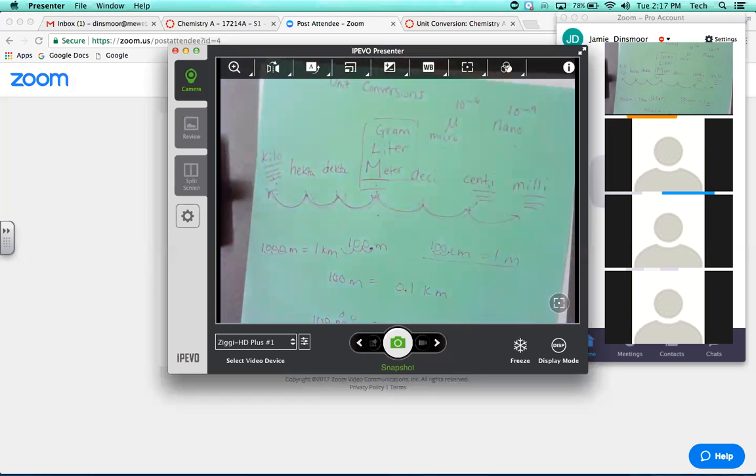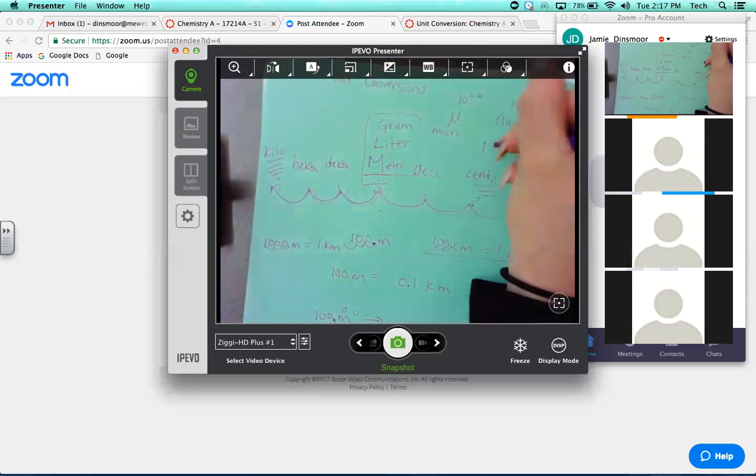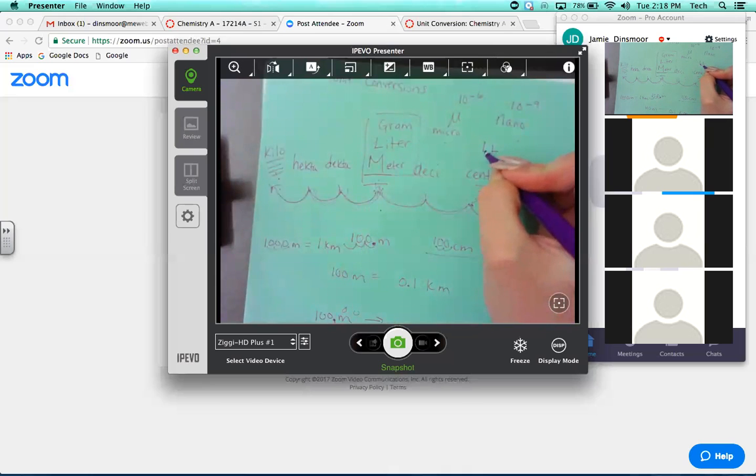So if I have 1 liter and I want to know how many milliliters it is, to get to milliliters, I'm going to have to move the decimal to the right 1, 2, 3 times. So I'm going to be adding 3 zeros. And eventually you're going to remember a lot of this stuff. I have that memorized, for example, that there's 1,000 milliliters in 1 liter.